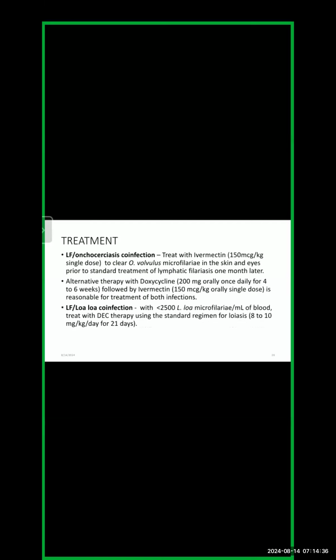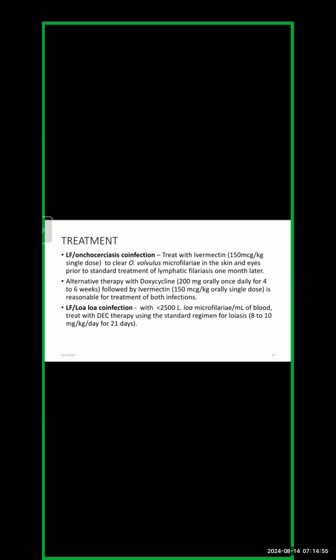Additionally, you can add doxycycline 200 mg per day for 4 to 6 weeks, which is microfilaricidal and helps with the edema. Then for other treatments, if there is co-infection with onchocerciasis, ivermectin is recommended at 150 microgram per kg as a single dose to clear the Onchocerca volvulus.